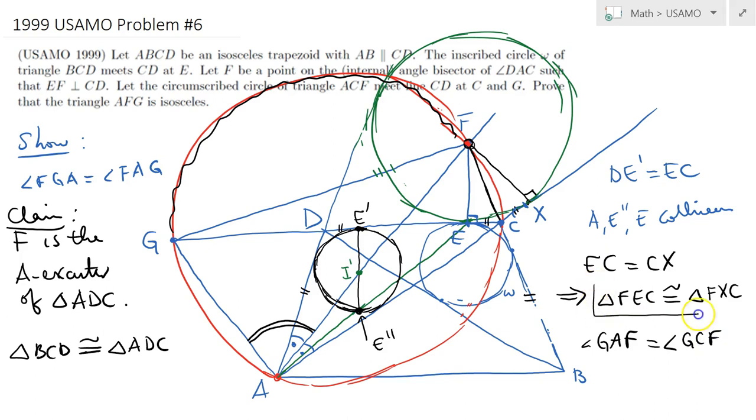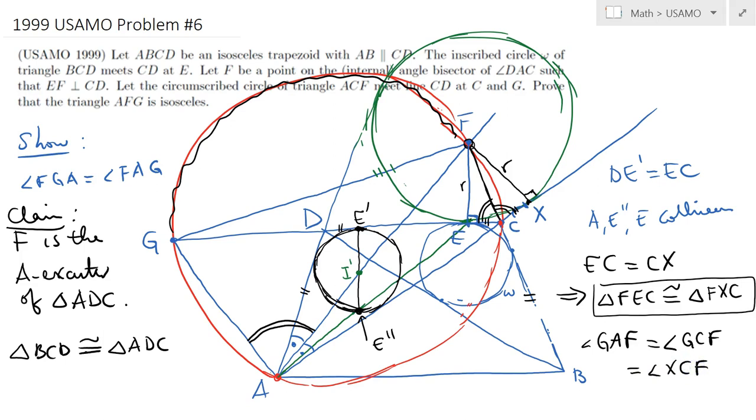But notice earlier we claimed these two triangles are congruent, which is obvious because you have the radii of the green circle here and these two lines are equal and you have 90-degree angles, so side-angle-side congruency. Anyhow, GCF, which is this angle here, is equivalent to angle XCF.